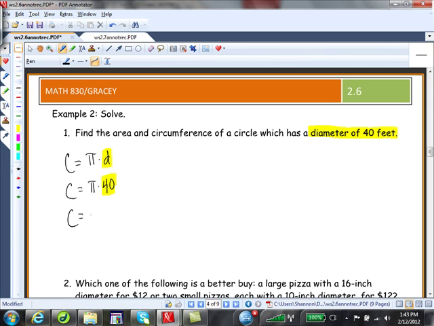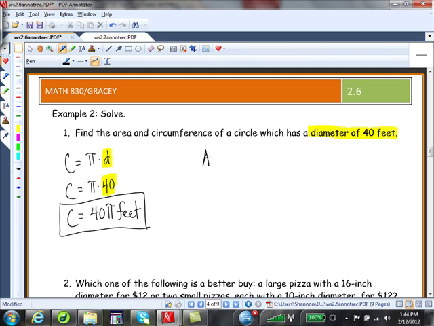We usually put the 40 first, so the circumference would be 40 pi, and that's in feet. Now if somebody was asked for an approximation, you would often use 3.14 for pi, and then you would get an approximation, but we're just getting an exact result here.